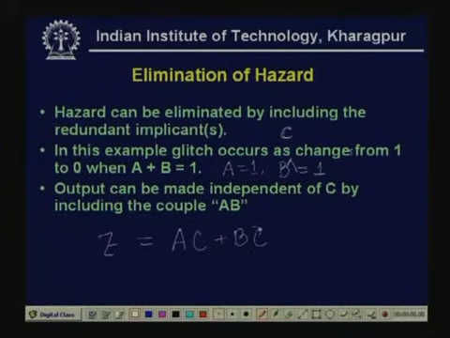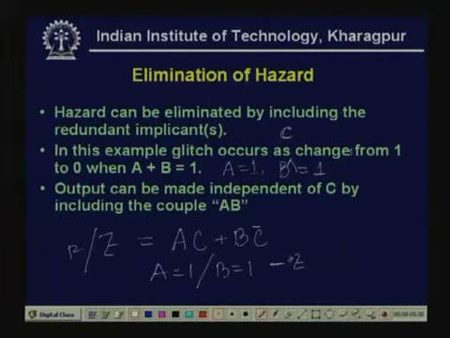Now, this is nothing but a multiplexer type of example. That means, whenever A equal to 1 or B equal to 1, my output Z or F should be 1. So, it should be independent of C or C bar.